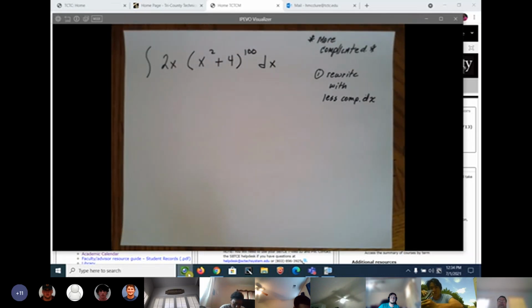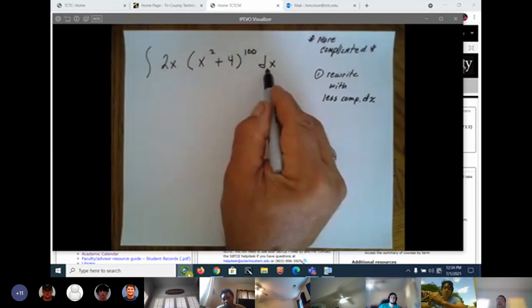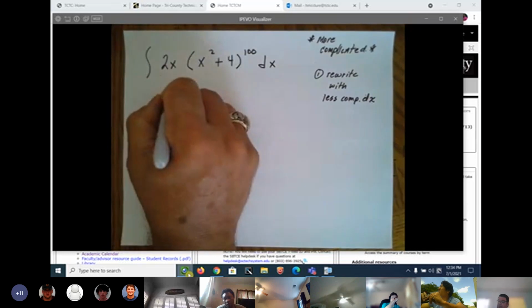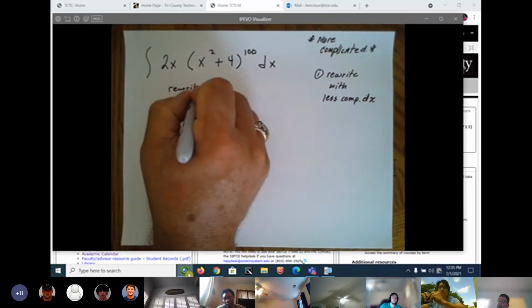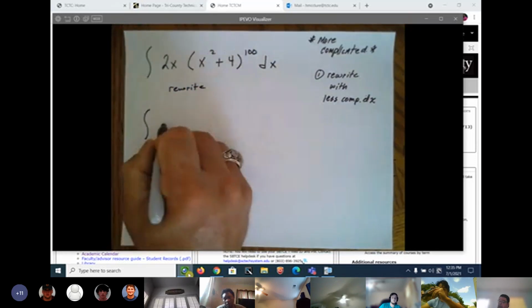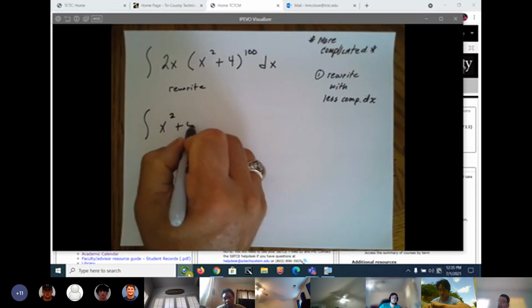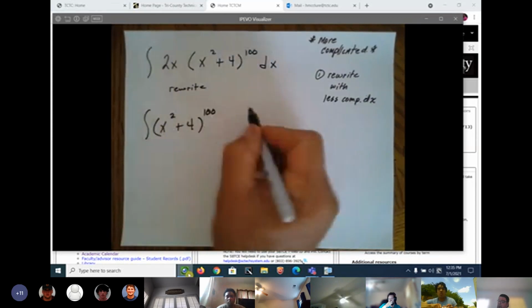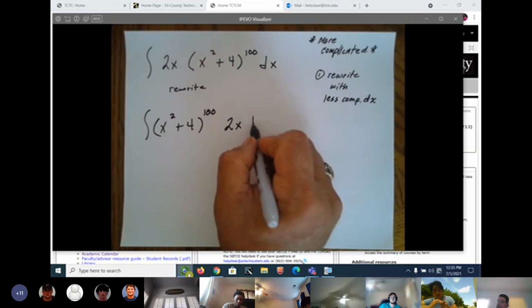All right, so somebody tell me, you got two terms here. You got 2x and you've got x squared plus 4 to the 100th power. Which one is less complicated? 2x. So I'm going to put that 2x beside this dx, and I'm going to rewrite this. Antiderivative of x squared plus 4 to the 100th power, 2x dx.